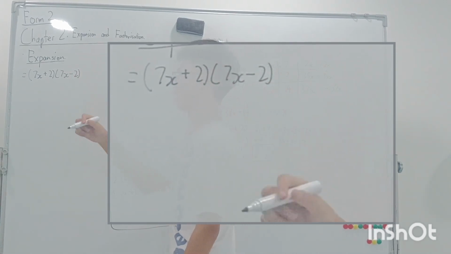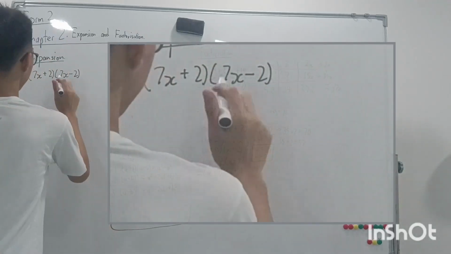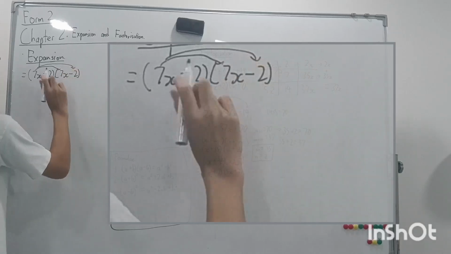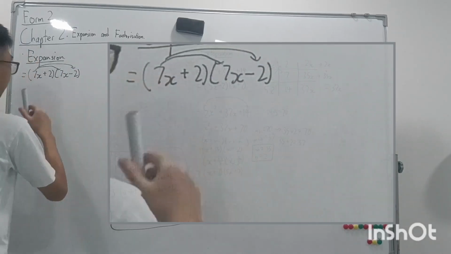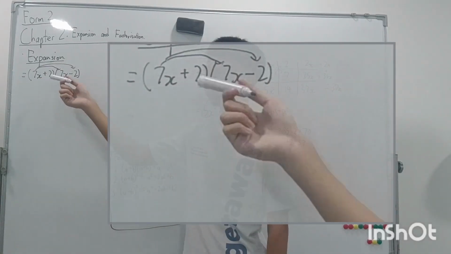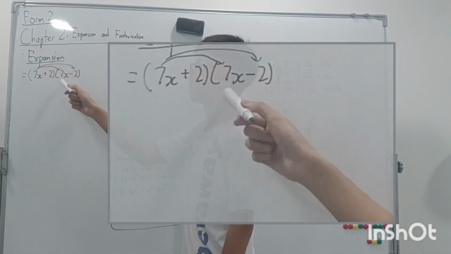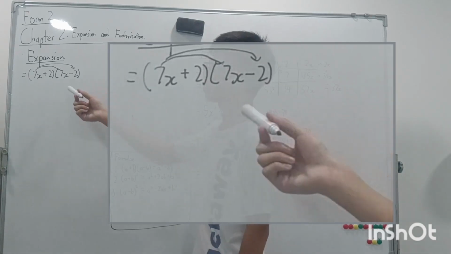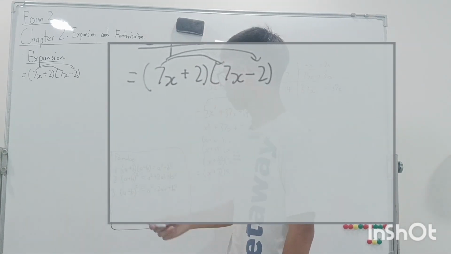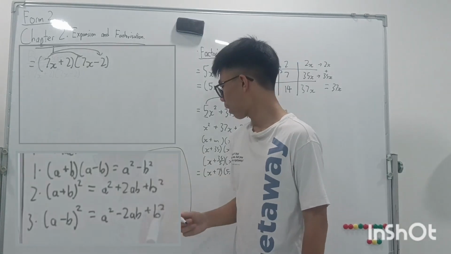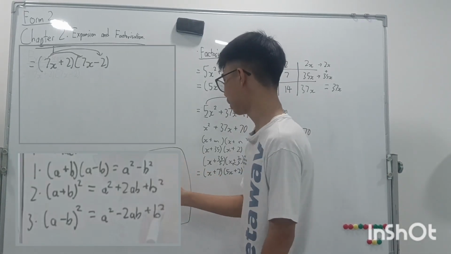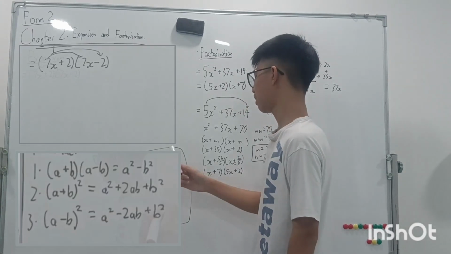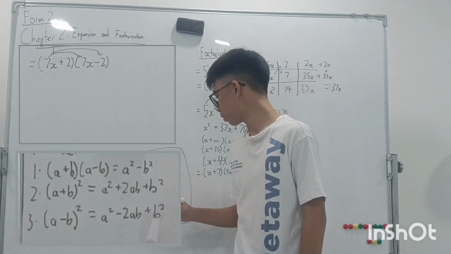Well, you could expand it by doing what I taught you earlier, just expanding it normally. But you may have already noticed that this and this are the same number. So the fastest way to do this is to use the first formula right here: bracket a plus b times bracket a minus b is equivalent to a squared minus b squared.